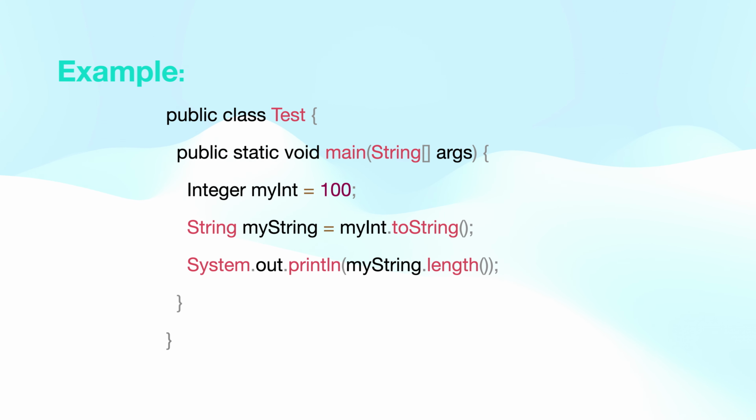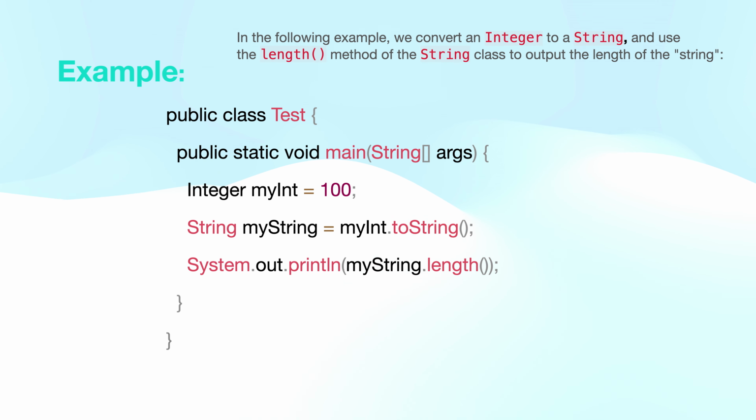So here you go, String myString, and I've converted that myInt to a string, and that is stored in myString. Then I'm going to check the length of this. I've printed out the length, and the outcome should be 3.